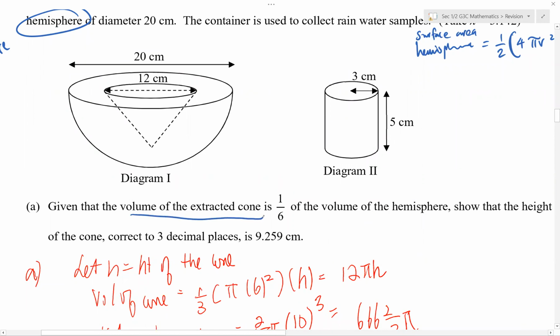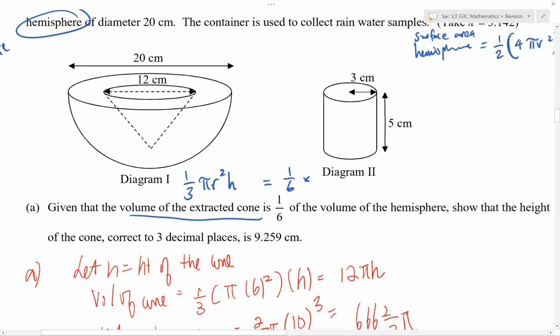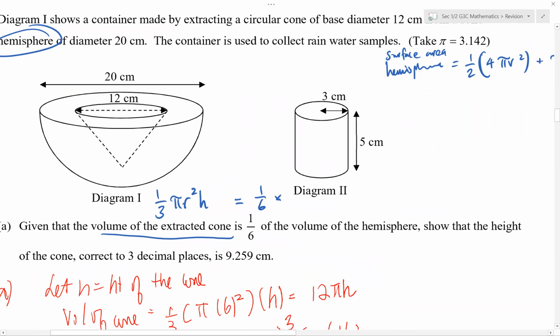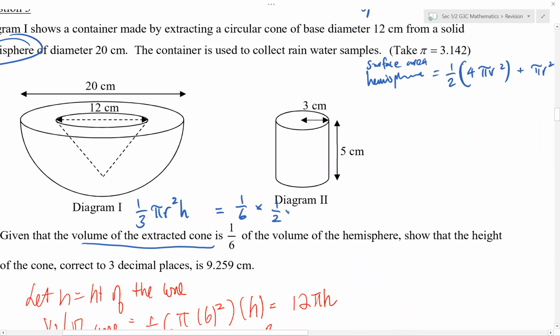Volume of the cone is 1/3 base area times the height, 1/3 pi r square h. Is, the word 'is' means equal. Is equal to 1/6. The word 'of' means multiply. Volume of hemisphere, half times 4/3 pi r cubed.